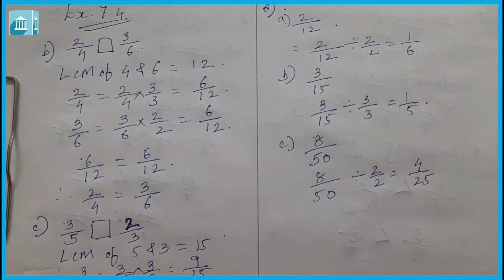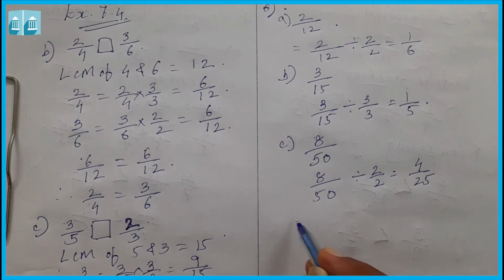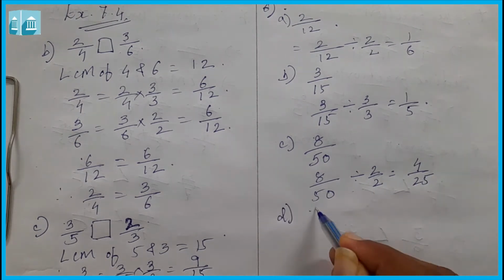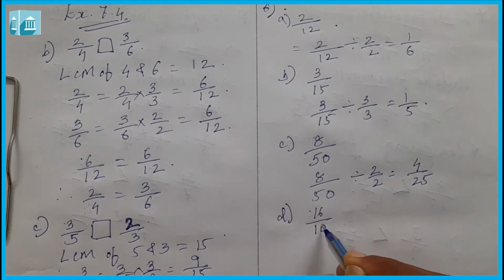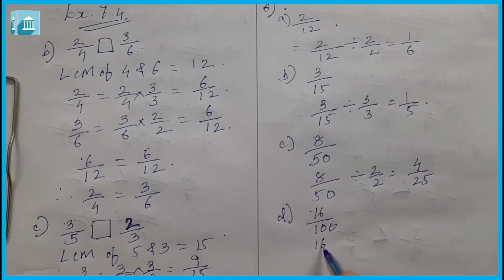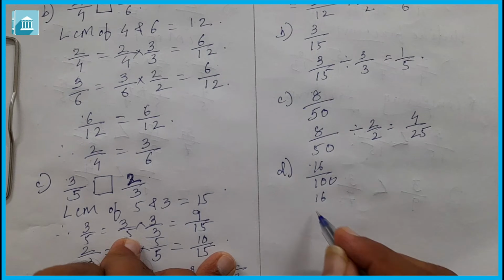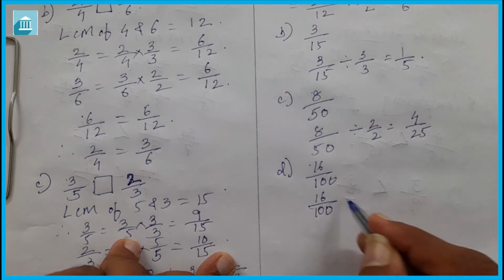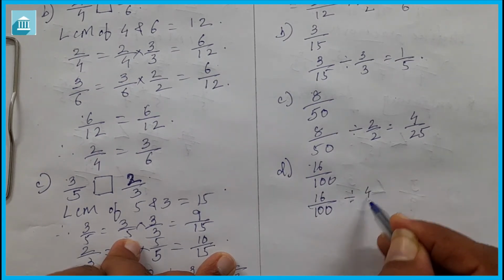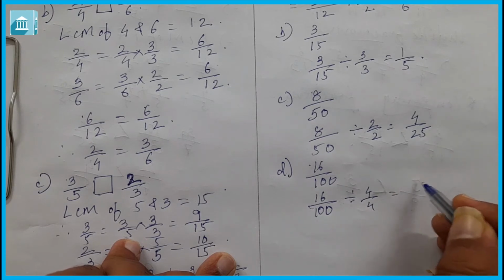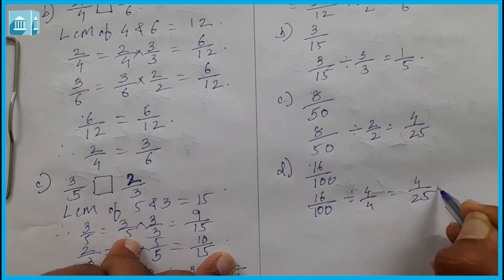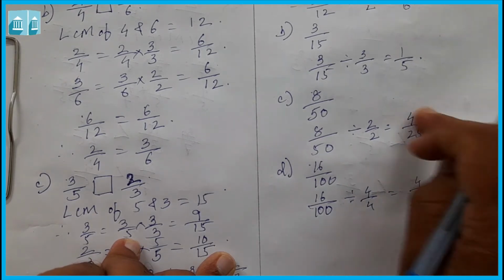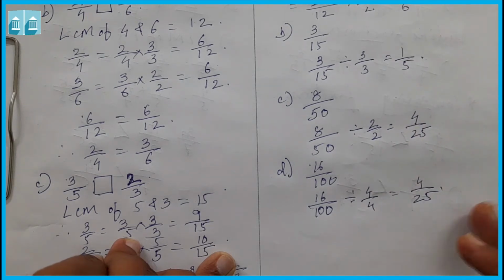So these are the 3 numbers into which we have to divide the other numbers also. Let us do one more, that is 16 upon 100. Divide by 4 upon 4, which is equal to 4 upon 25. So this will again come in this group. These both are in the same group.